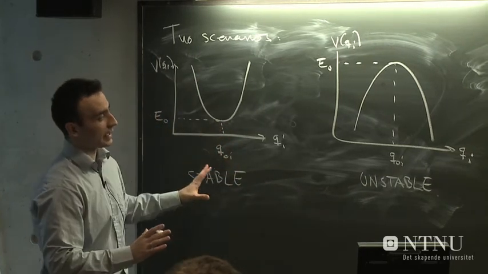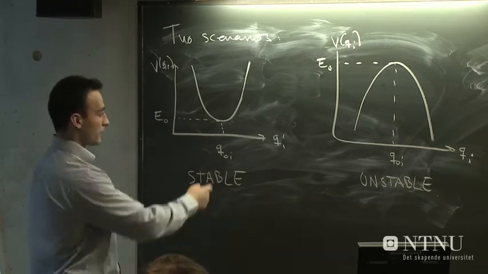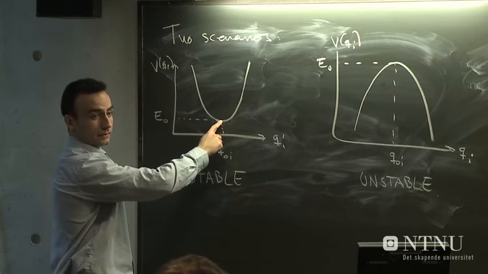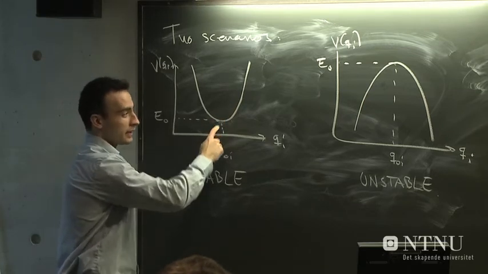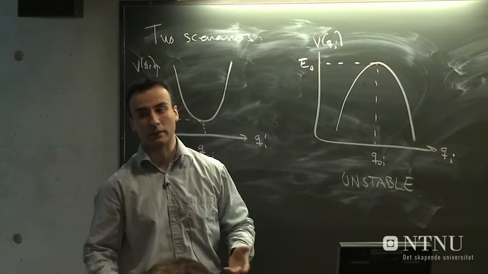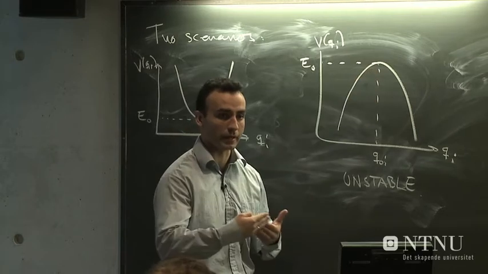You can use an analogy here of, say, a ball rolling down or up a hill. If you have a ball here and you kick the ball, it's going to roll up a little bit and then roll back down. This is a stable equilibrium position. Do the same thing here, it's going to keep rolling. That's an unstable equilibrium position. It's still an equilibrium position, but it's unstable to perturbations.